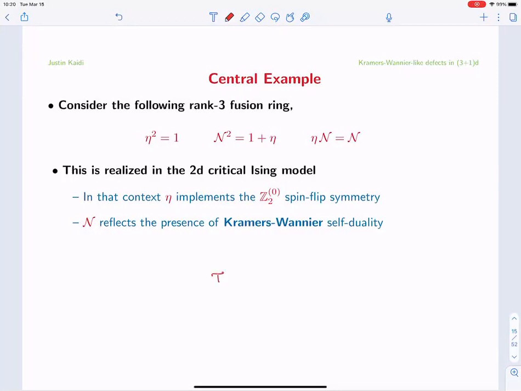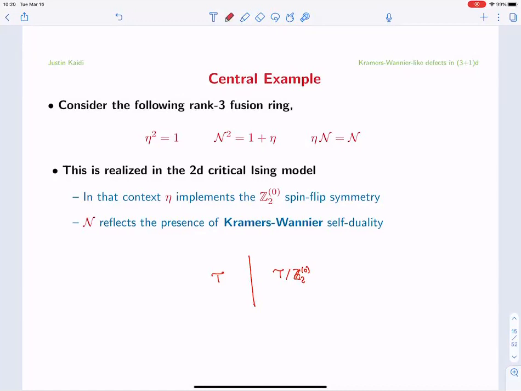Let's call it T here. I can consider an interface between the Ising model and the Z2 gauged version of the Ising model. In other words, I gauge the Z2 zero-form symmetry in half of the space. And let's put Dirichlet boundary conditions on this boundary so that this is a topological defect.